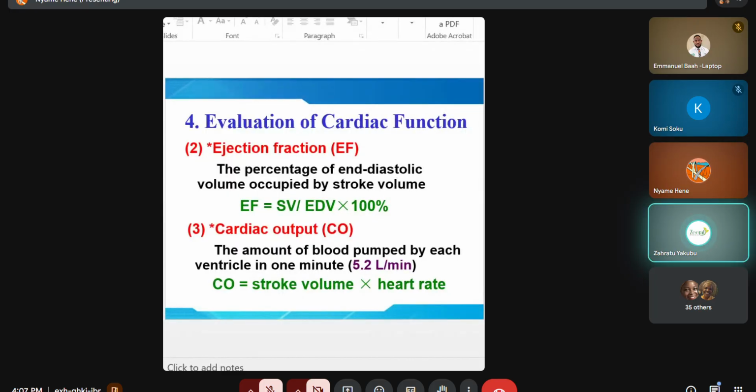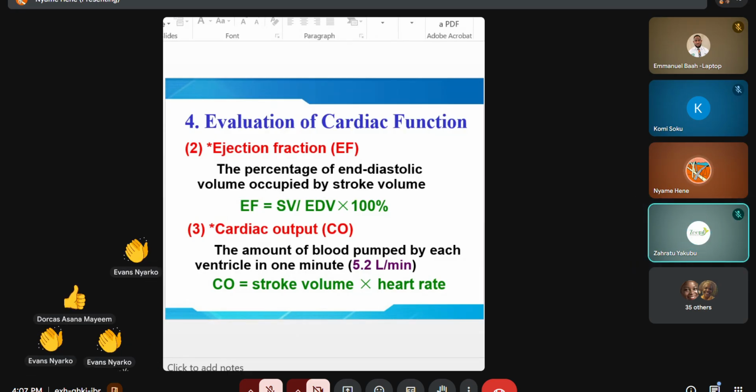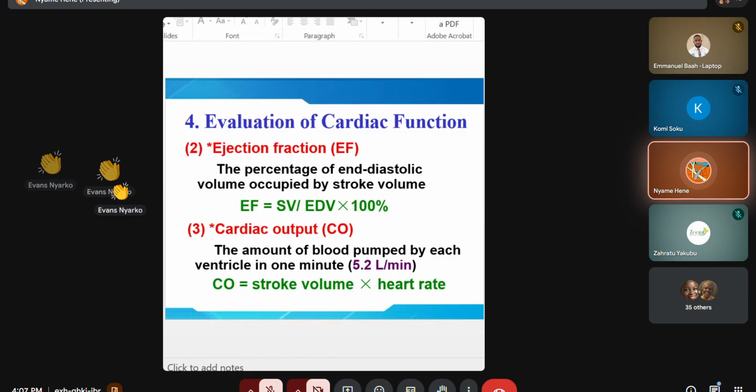I know it's confusing. Cardiac output is the amount that went out multiplied by the number of times the heart beats. The stroke volume that you saw, the 70 mils, is just for one beat. And we are saying that the heart beats how many times?